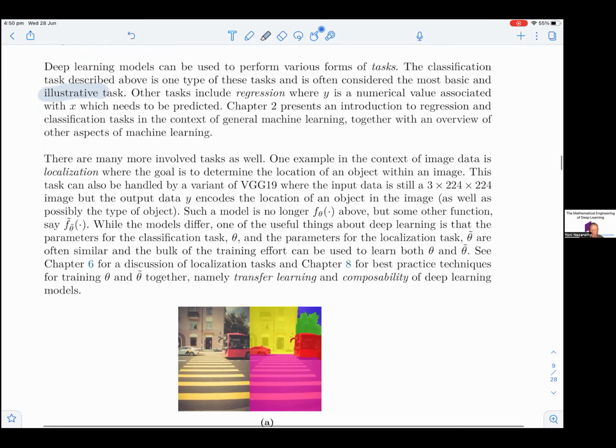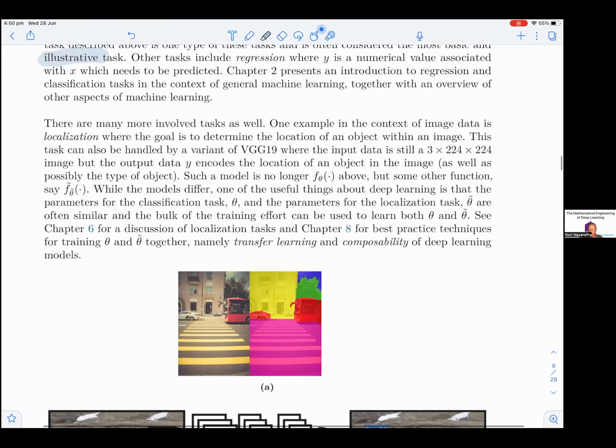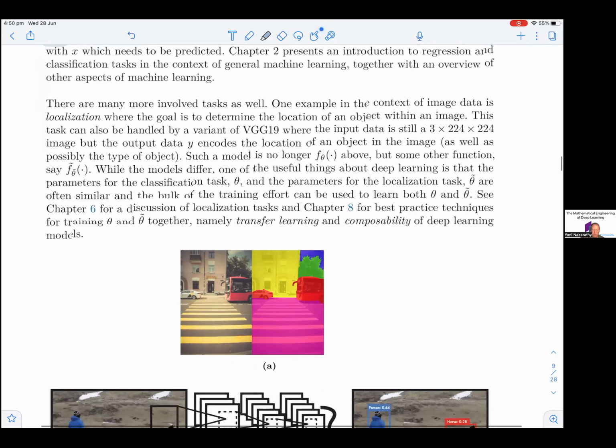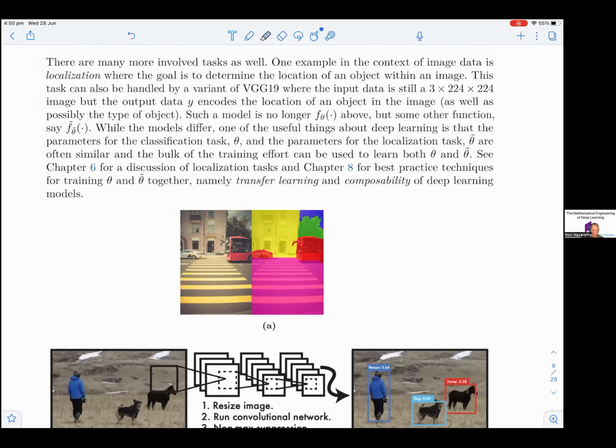There are many more involved tasks as well. One example in the context of image data is localization, where the goal is to determine the location of an object within an image. This task can also be handled by a variant of VGG19, where the input data is still a 3 by 224 by 224 image, but the output data Y encodes the location of the object in the image, as well as possibly the type of the object.